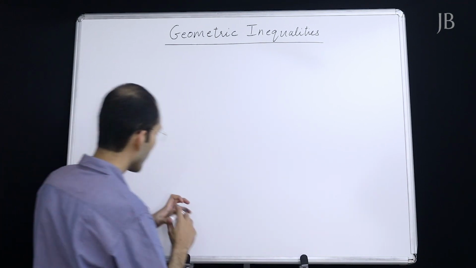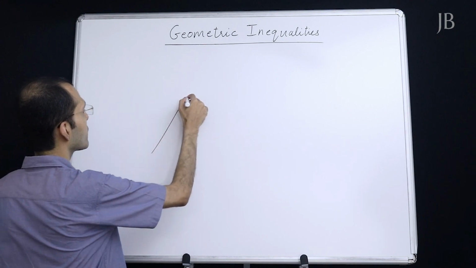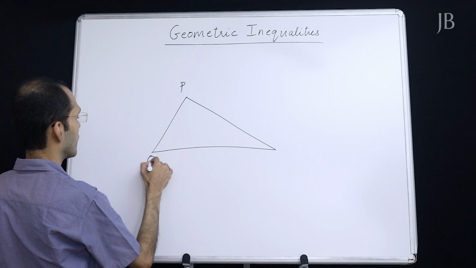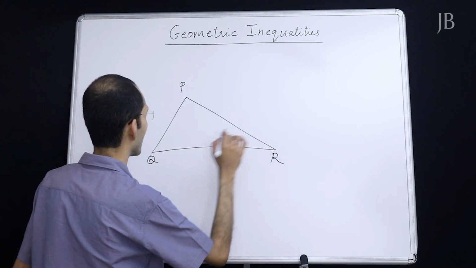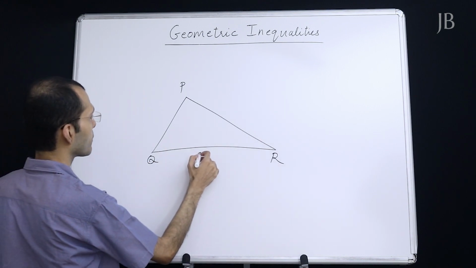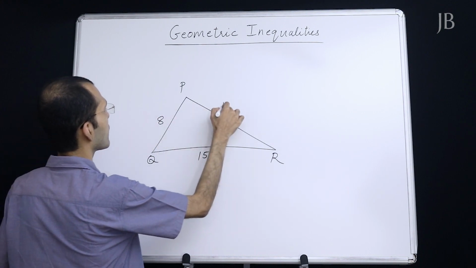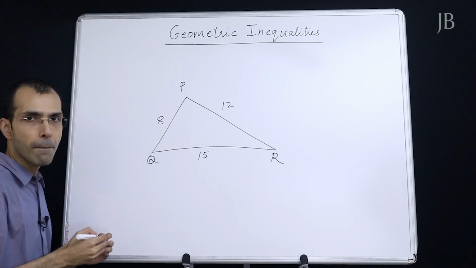Okay. Take this triangle, say PQR. Now QR is suppose 15, PQ is say 8 and this is say 12.